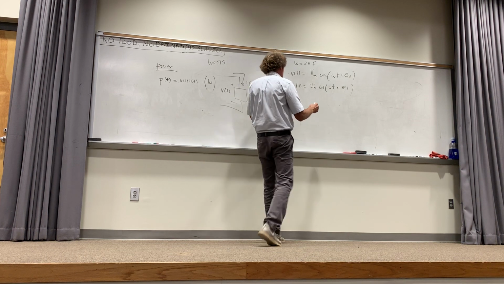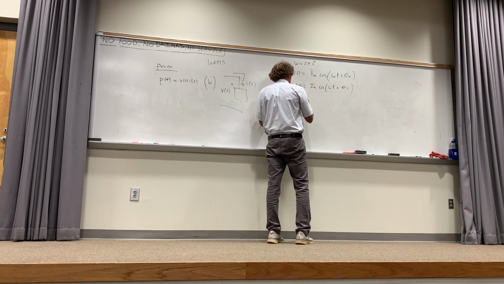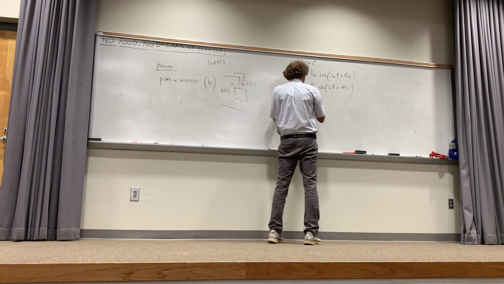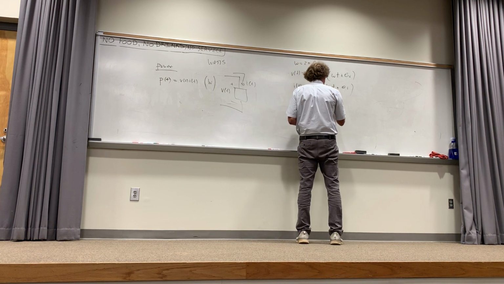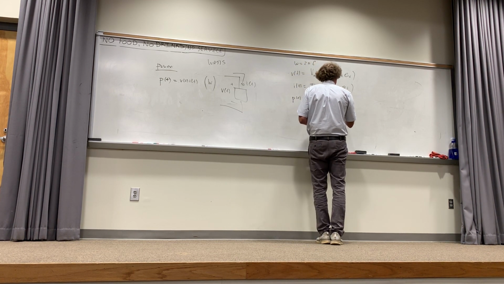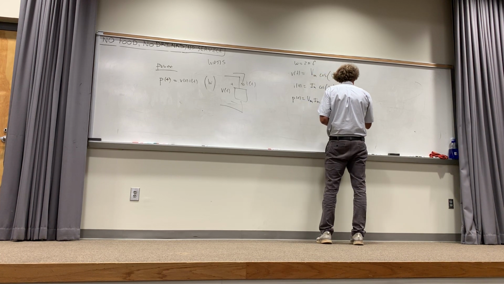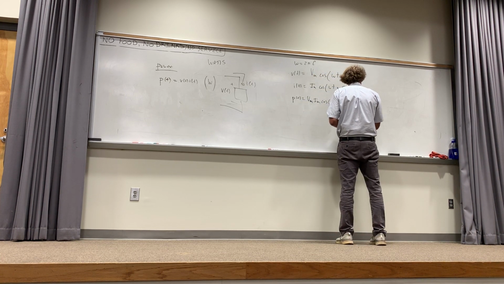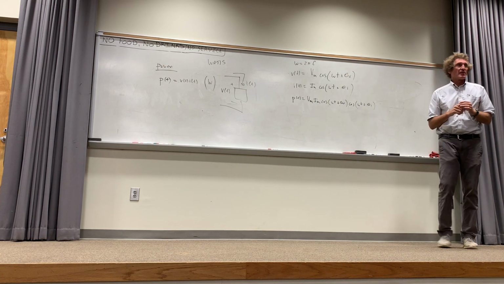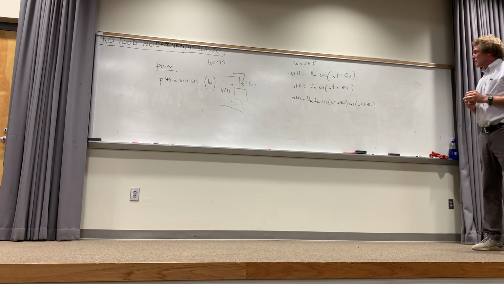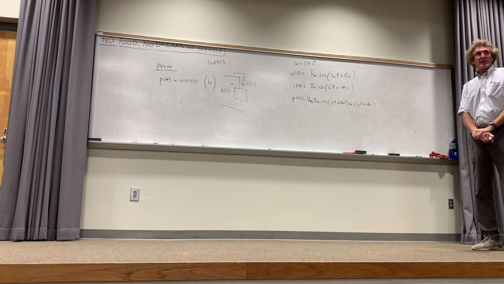Now, when I look at the power, p of t, that's equal to V_m times I_m times cosine of omega t plus theta v times cosine of omega t plus theta i. If you remember back in the day when you had to learn all your trig identities, cosine A cosine B is cosine of A plus B plus cosine of A minus B, over 2.